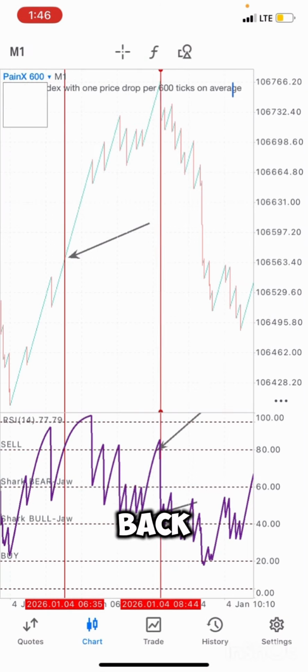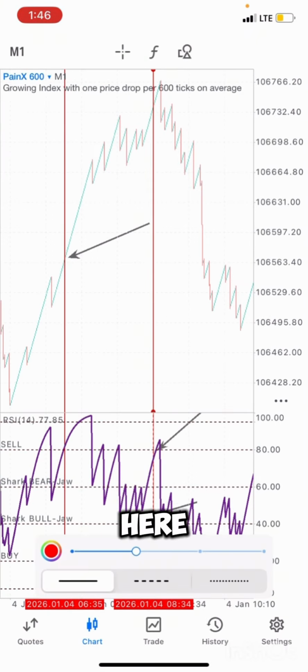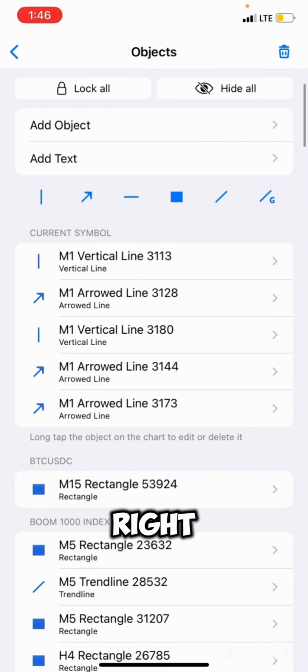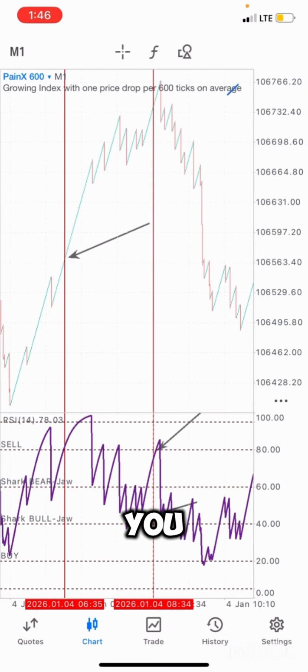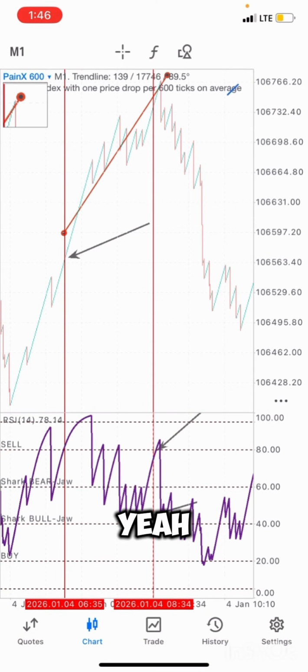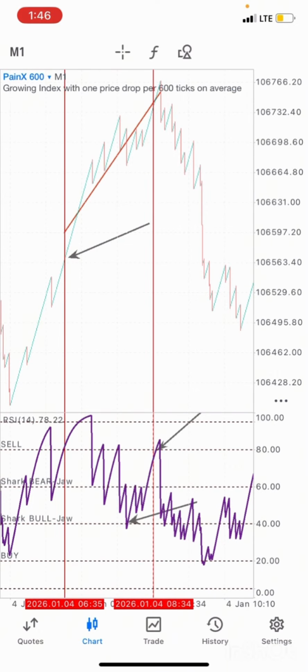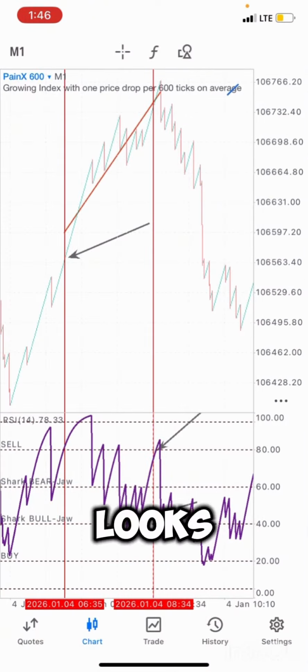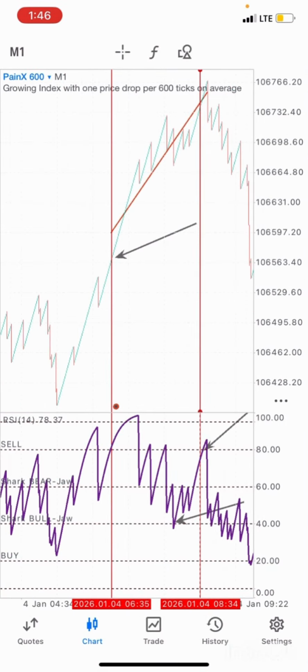Once it makes it back to level 80, right around here, you'll notice the formation of something like a divergence, right? You could see that here looks like an uptrend, but here looks like a downtrend.